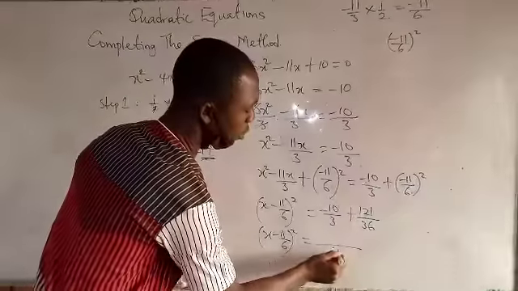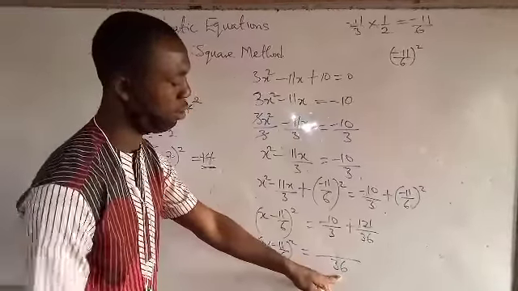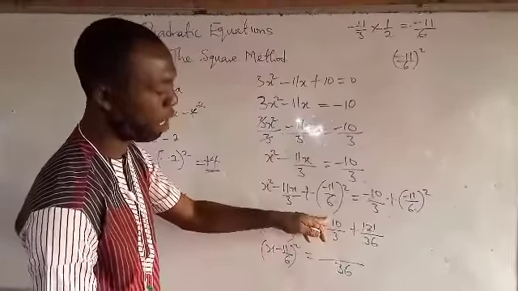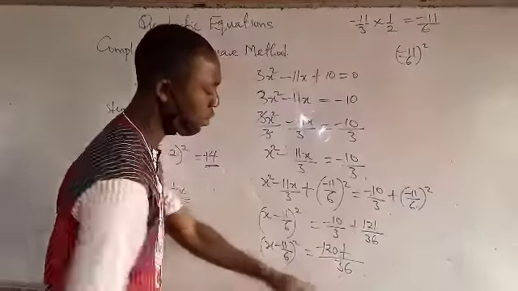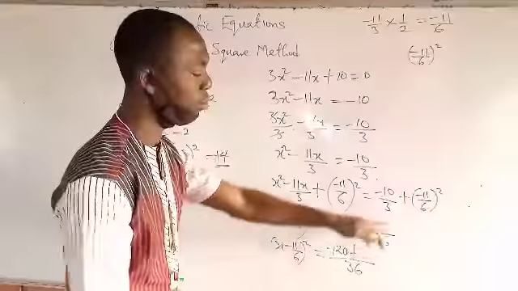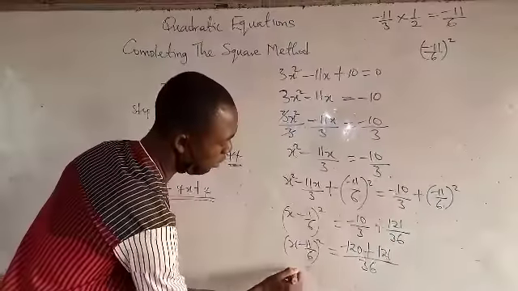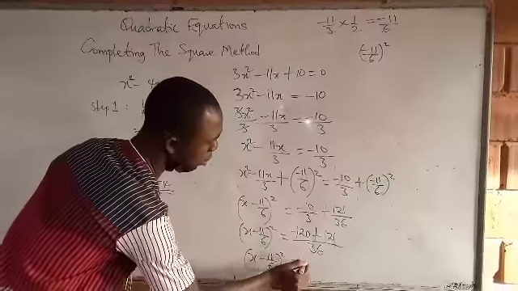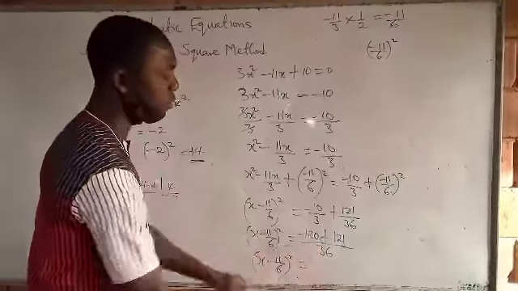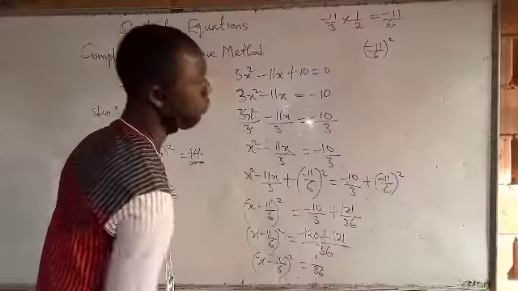The LCM is 36. 3 in 36 is 12, and 12 multiplied by minus 10 is minus 120. 36 in 36 is 1, multiplied by 121 is 121. So we have (x minus 11 over 6) squared equals minus 120 plus 121, that is 1 over 36.